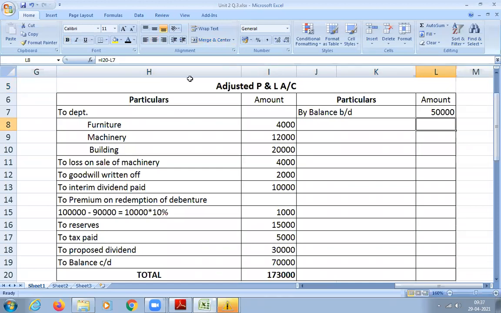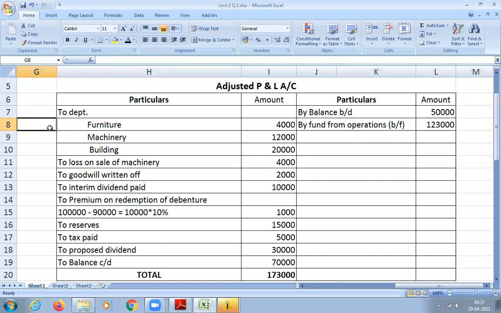1,23,000. So what do we call this? Fund from operation. Why? Because my additions are more than my subtractions. My debits are more than my credits. So we have to write it as fund from operation. If it is the reverse, if your credits are more than your debits, then you will get a loss from operation that will be on your debit side.